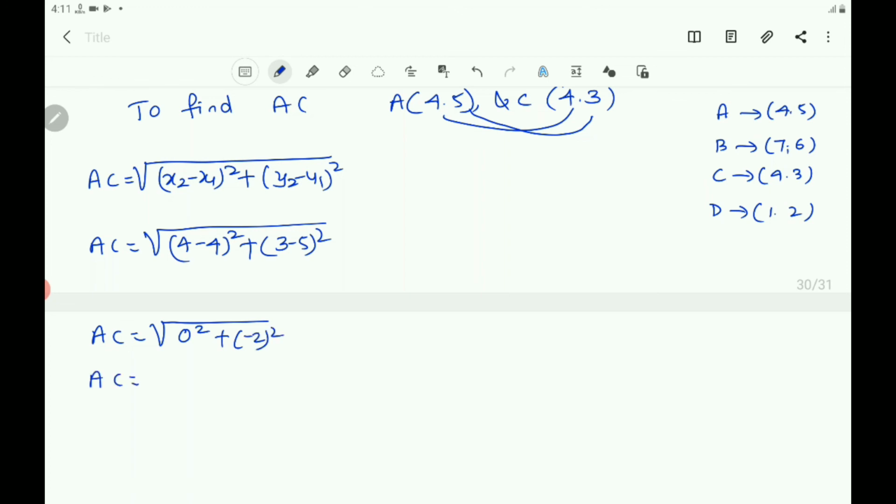So AC equals square root of 0 square plus (minus 2) whole square, which is square root of 4, equals 2.